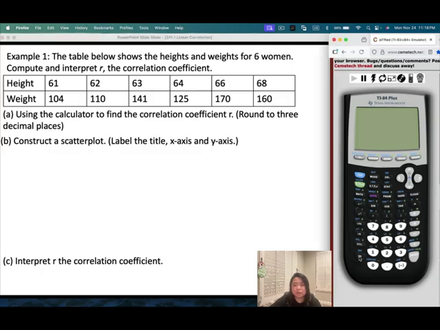First, click on STAT, number 1 Edit. And then in L1, we're going to plug in the variable of height. And then in L2, we're going to plug in the weight of the women.